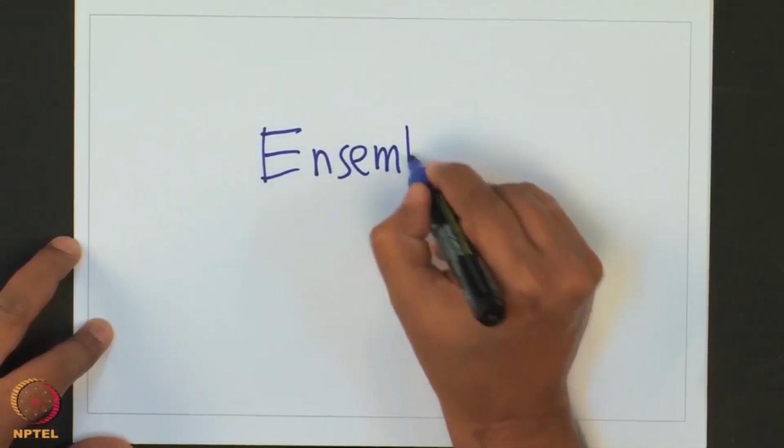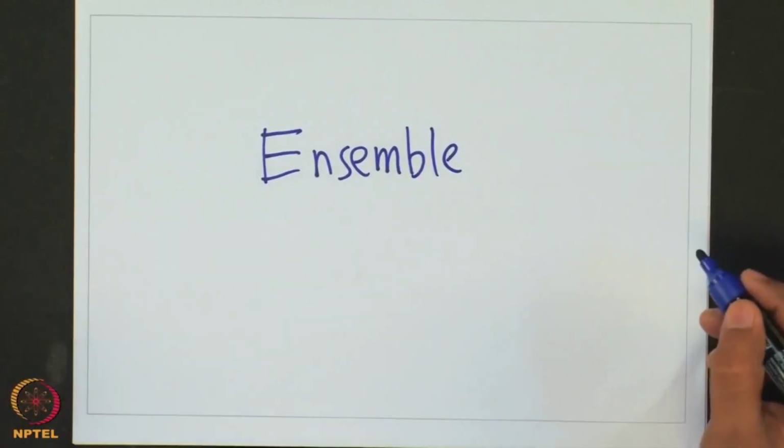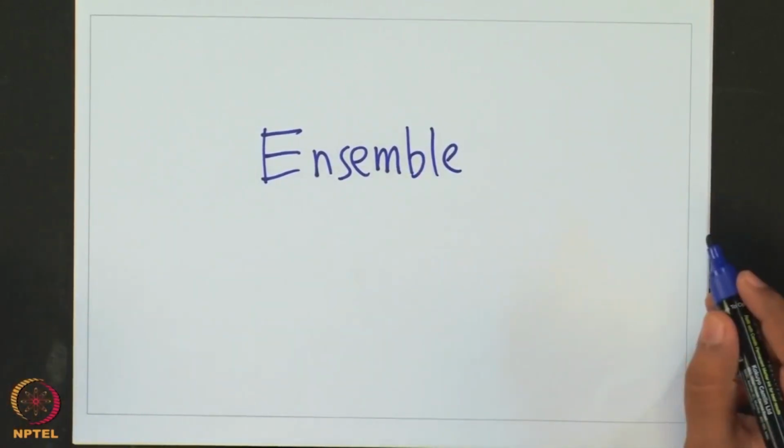Now, while we discuss this, there is an important thing that one should remember, this idea of an ensemble, or a population. This is a word you might hear very often. What is an ensemble?